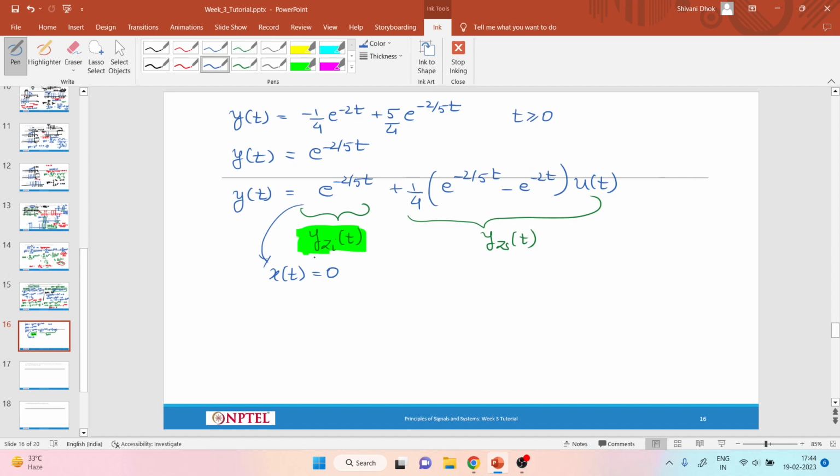And y of zs is the zero state part, for t greater than or equal to 0. So even if I remove my input, this will contribute. If I have some significant input, this will function based on the state of your input. Okay, madam. Thank you.